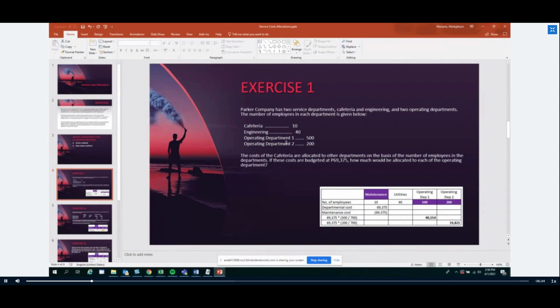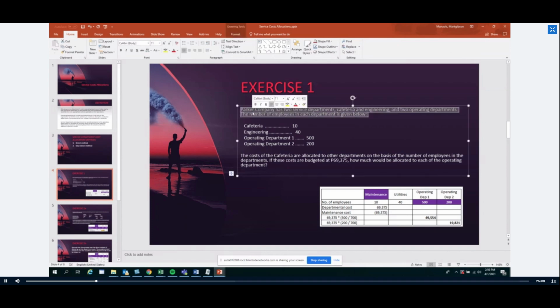Parker Company has two service departments, cafeteria and engineering, and two operating departments. The number of employees in each department is given below. You have 10 employees for cafeteria, 40 for engineering.